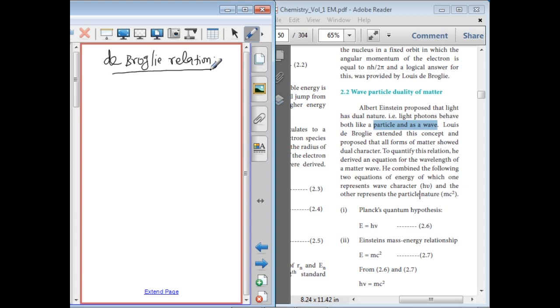So based on the photon, we are going to calculate the wavelength of a material particle. Okay.